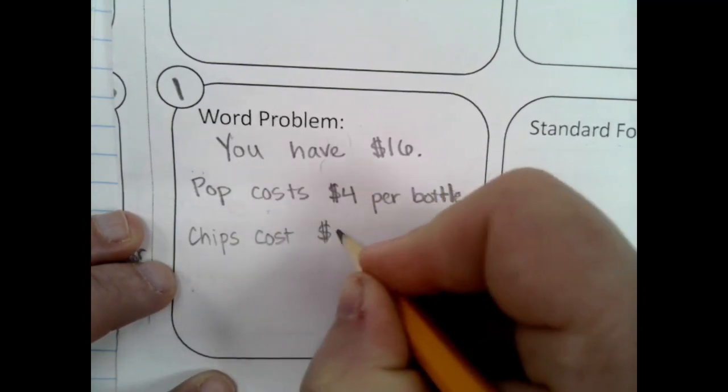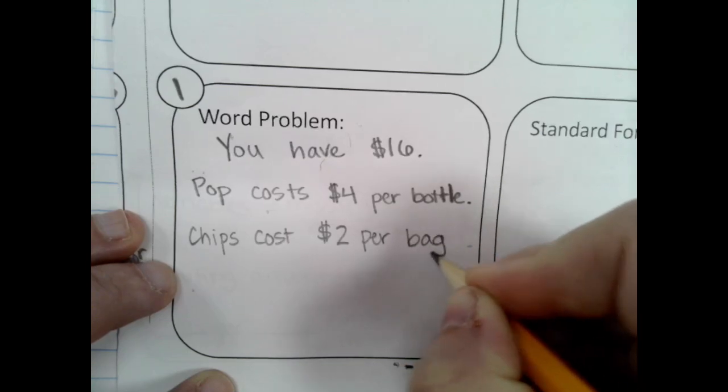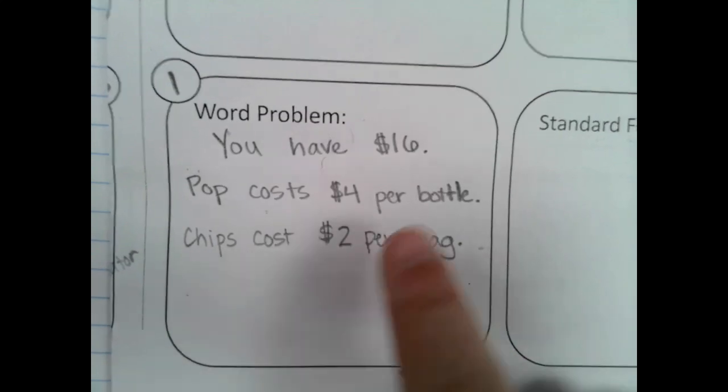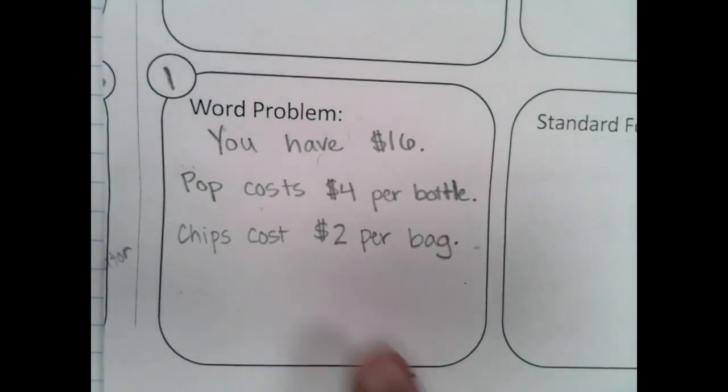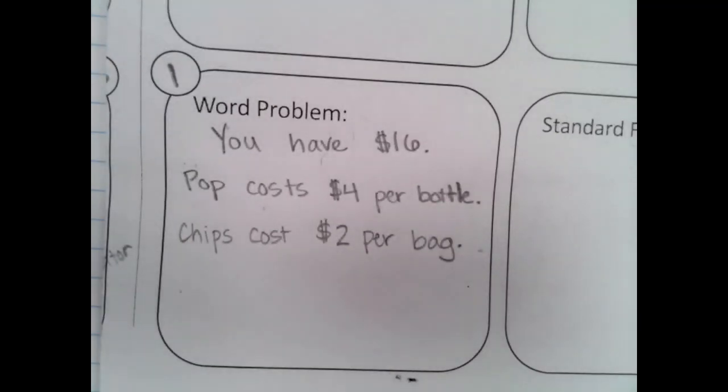Why is chips $2, pop $4? Pop is $4 because you have to pay for the bottle. Chips are $2, it's a small bag of chips, like a small thing. The big ones are like $5. Not the big ones, like you're gonna grab it and eat it on your way somewhere. Okay, maybe you're getting Celsius.